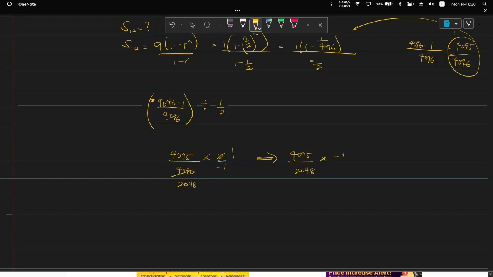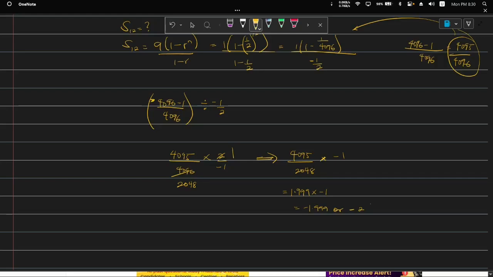So I have 4095 divided by 2048, which is 1.999, that's about 2. Are we together?